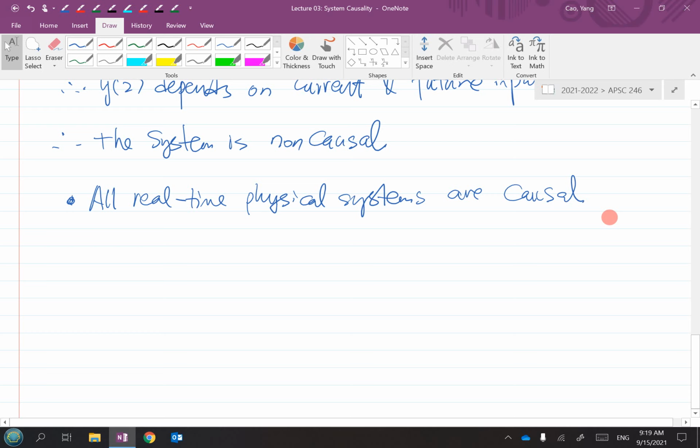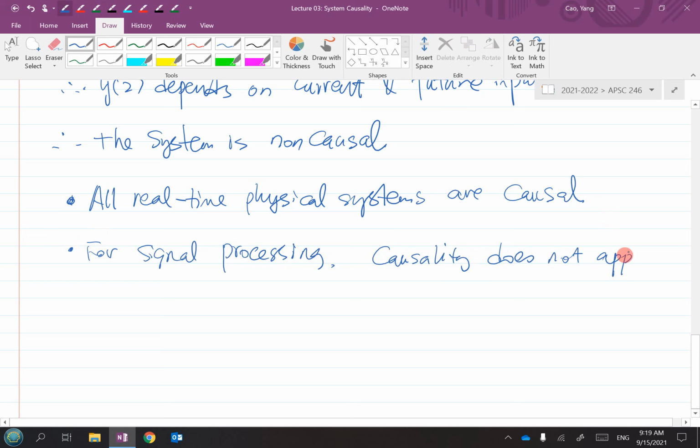However, there's a little bit of difference for some digital systems, for signal processing. Causality does not apply there.